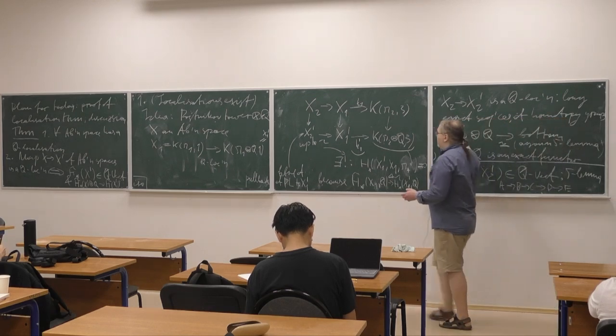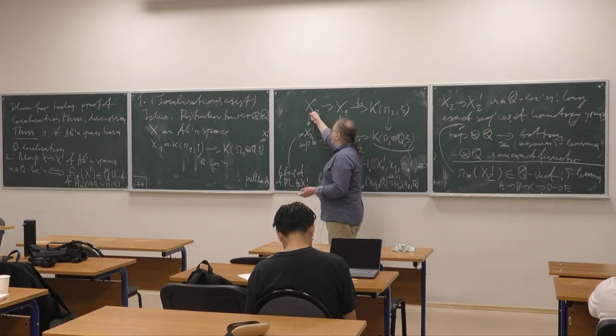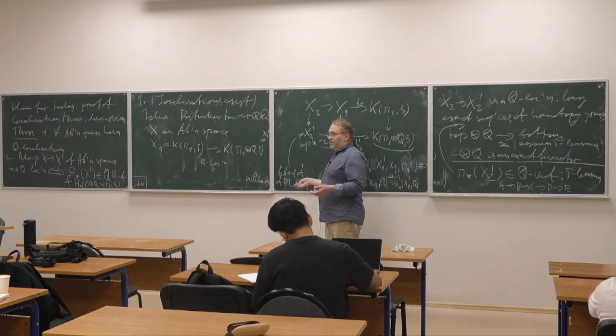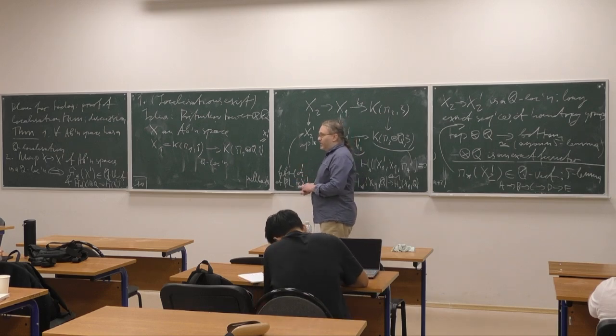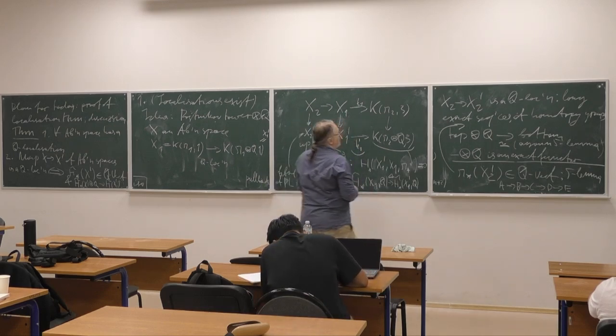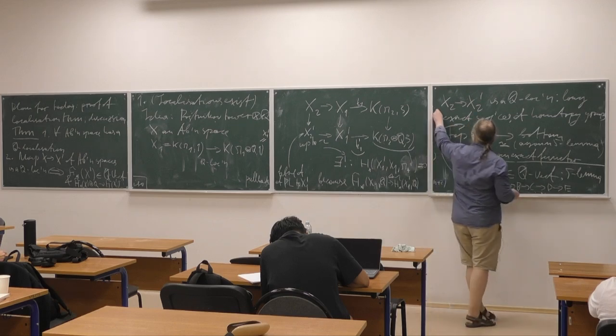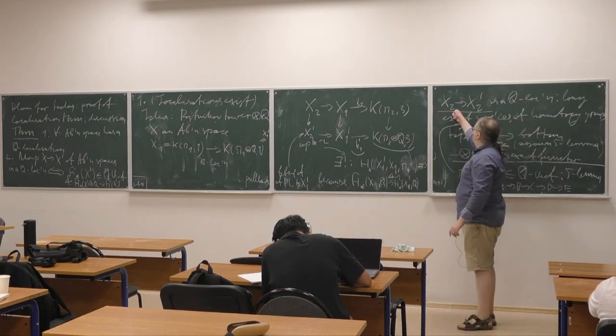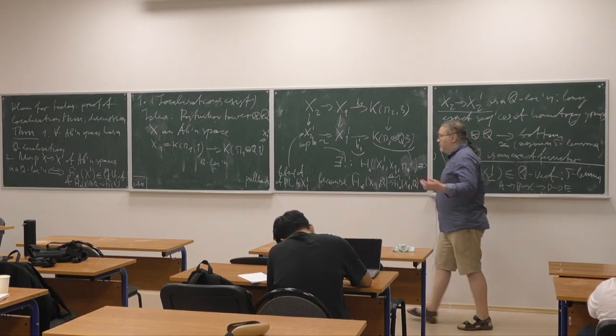Which means, in particular, it's an isomorphism for the homotopy groups of X2 tensor Q and the homotopy groups of X2 prime. So we conclude that X2 to X2 prime is a Q localization.